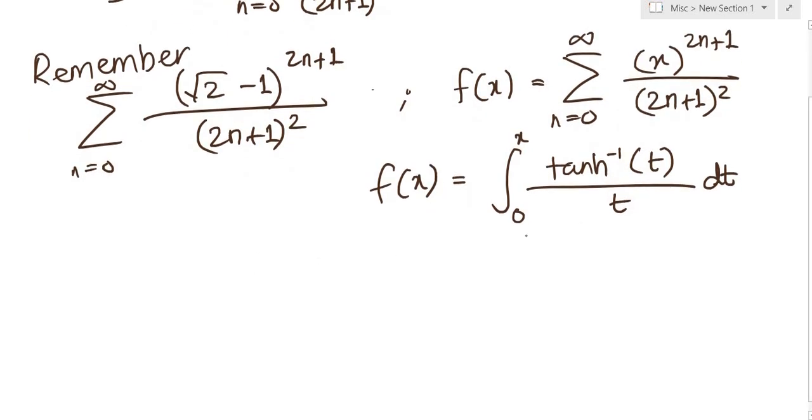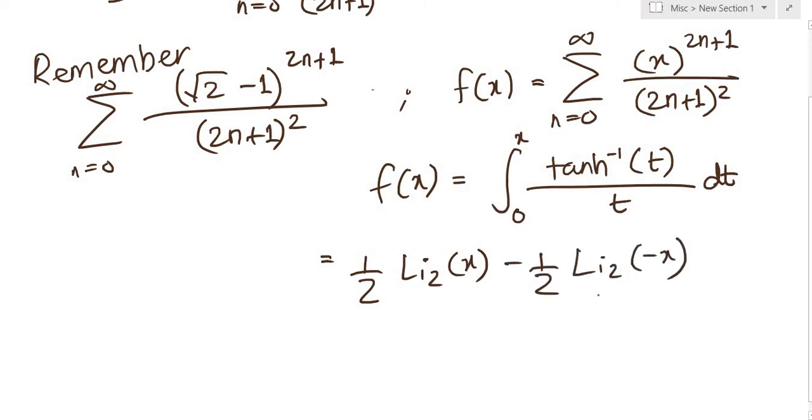And in a video before this square root of 2 minus 1 series video, or I think in the same video, I calculated this thing to be half of the dilogarithm of x minus half of the dilogarithm of negative x.